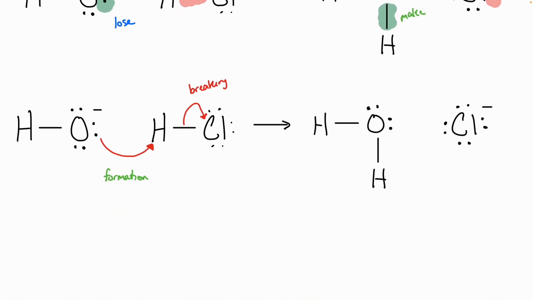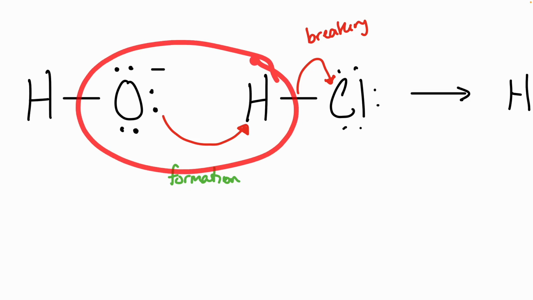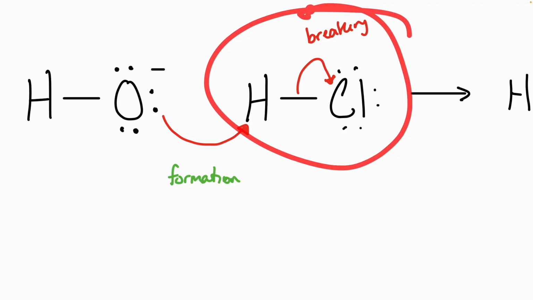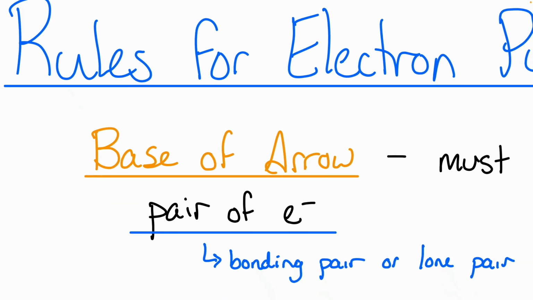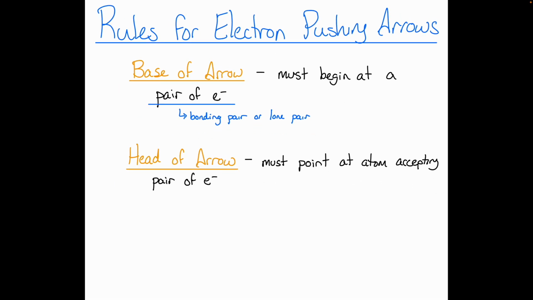Okay, so in this example here, my first arrow, what was accepting that pair of electrons? It was that hydrogen atom. That's where the head of my arrow is. What was accepting the pair of electrons for my bond breaking arrow? The chlorine. All right, so that's the atom that's accepting that pair of electrons. Okay, so here are our important rules for drawing our electron pushing arrows. If both of these criteria are not met, the arrow is not drawn correctly.